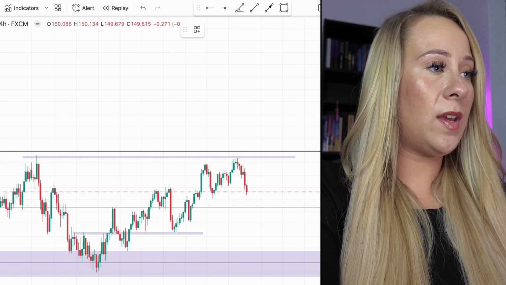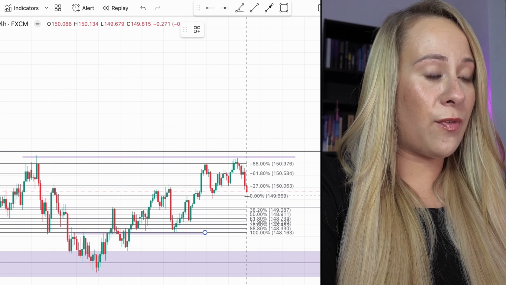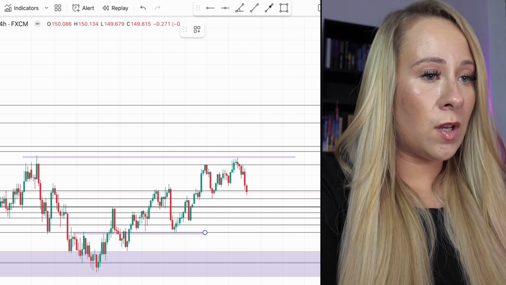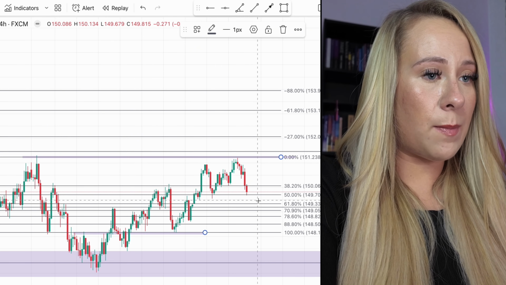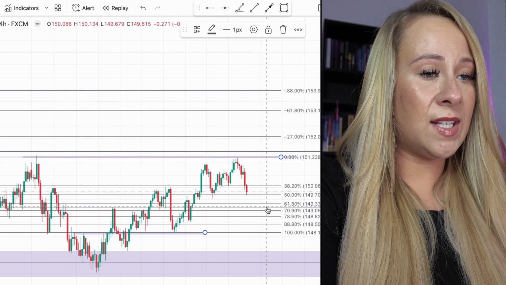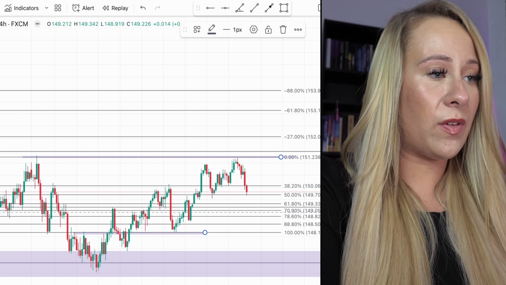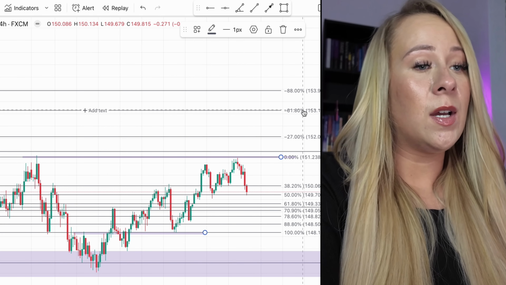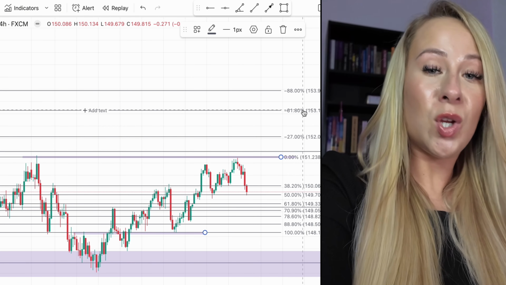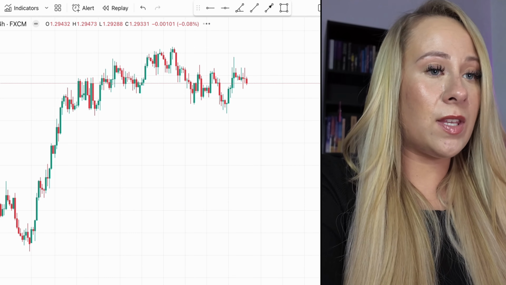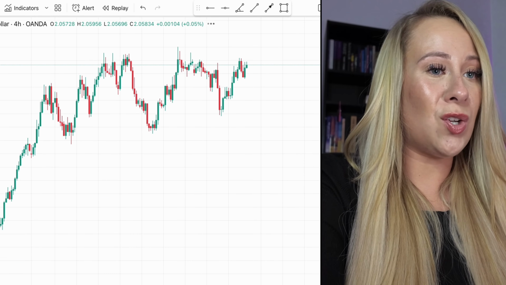So whether we can see a fib from this level up here, and maybe we can come retest 61.8 or maybe a 78.6, which would align with this support over here before we make a new high. Who knows? It could do anything.